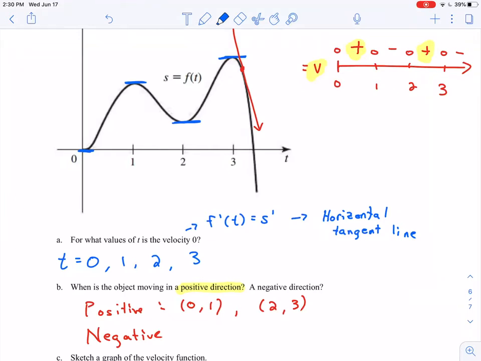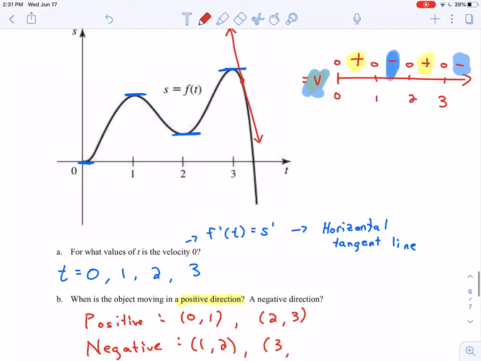So it's moving in a negative direction wherever my velocity is negative. So right here and right here. It's moving in the negative direction right here, that's between 1 and 2. Then also on this interval right here, between 3 and, well, we don't really have an endpoint right here.